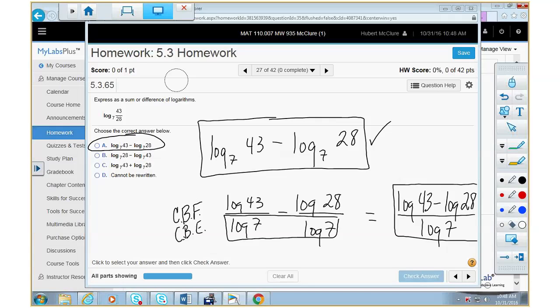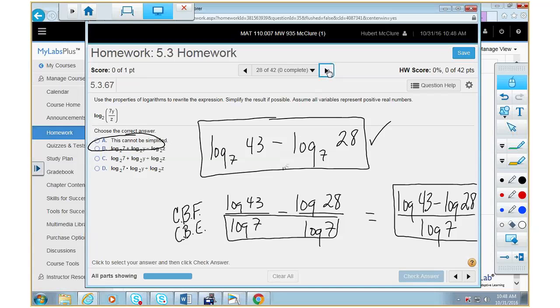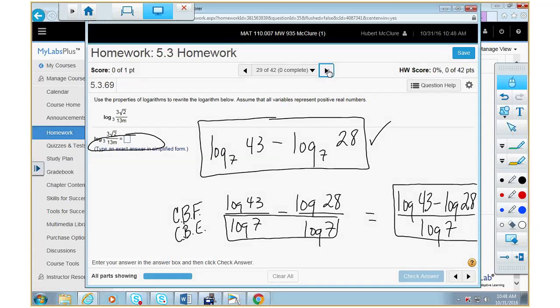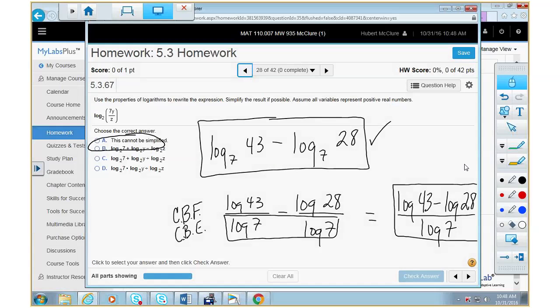But anyway, these 27 through 42, that's quotient rule, power rule, and all that good stuff. Let's do another. All right, let's try this one. Try that one.